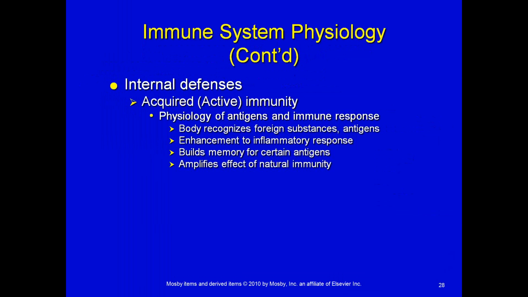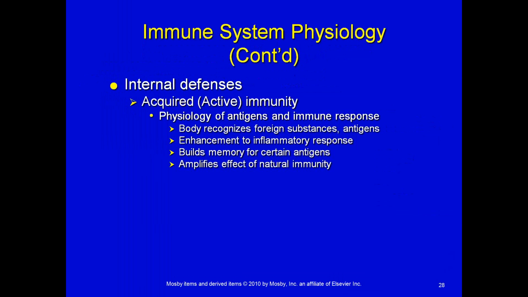Acquired or active immunity is the physiology of antigens and immune response. Acquired immunity occurs when your body recognizes a foreign substance, which we'll call an antigen. And when the body sees that foreign substance, that antigen, it mounts an inflammatory response.